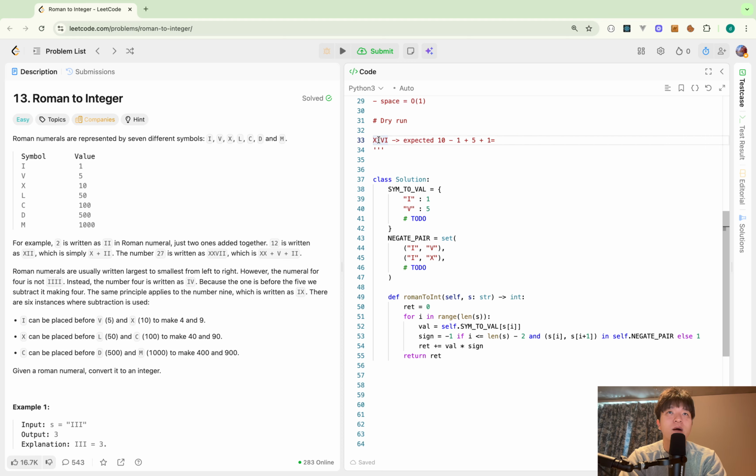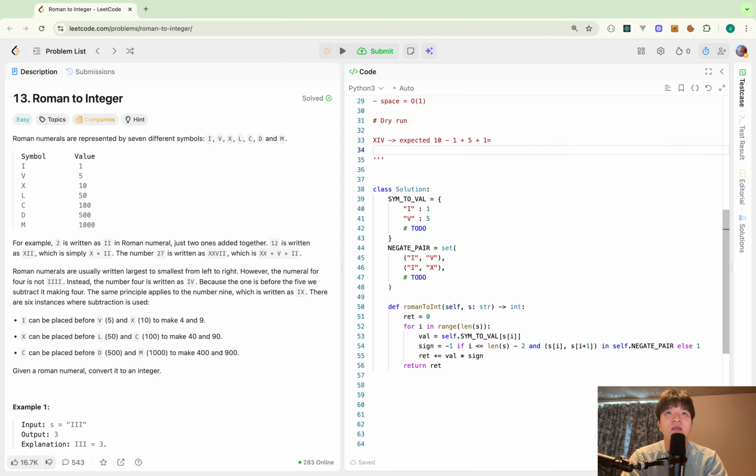Once I put 1 before 5, this never happens actually. So I should check this one and also this one. For saving my time, I don't include this x. So in this way, this should be 4.